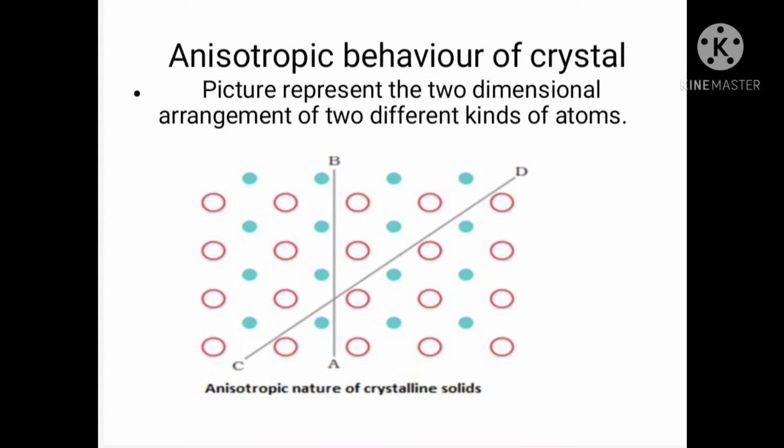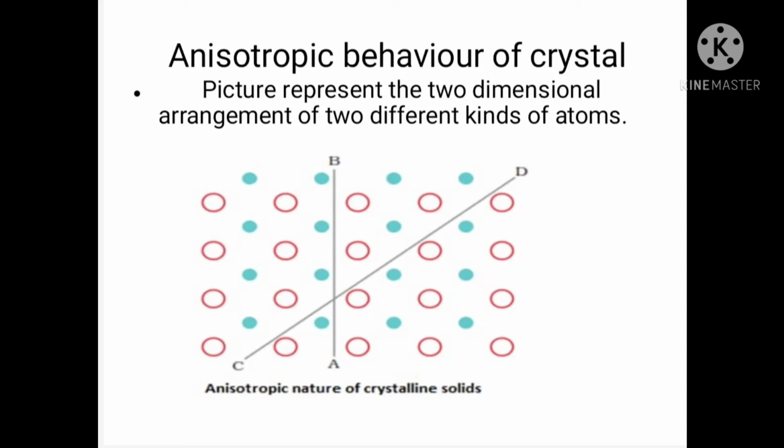Observe the picture. The picture shows the anisotropic behavior of crystal, and the picture represents the two-dimensional arrangement of two different kinds of atoms. If we measure the properties along the direction indicated by the slanting line CD, they will be different from those measured in the direction indicated by the vertical line AB.